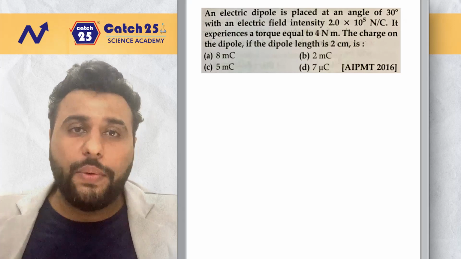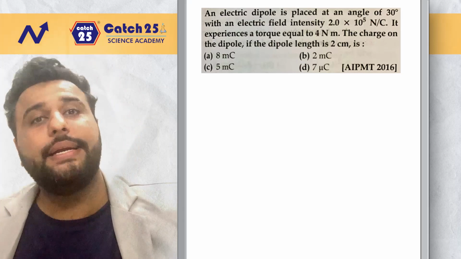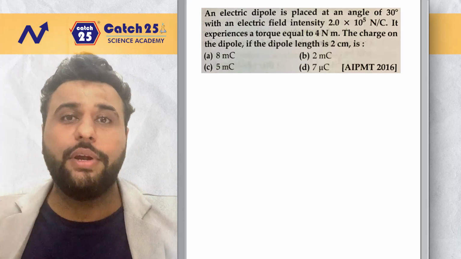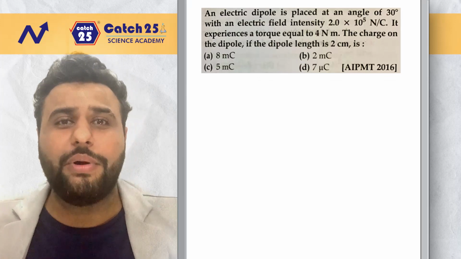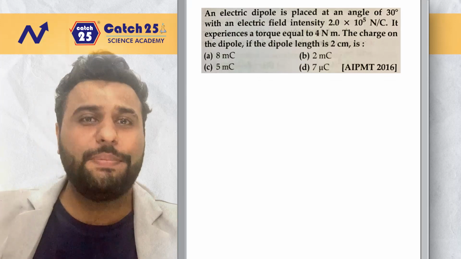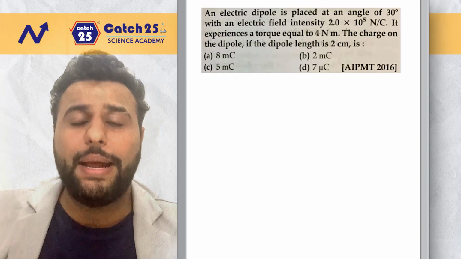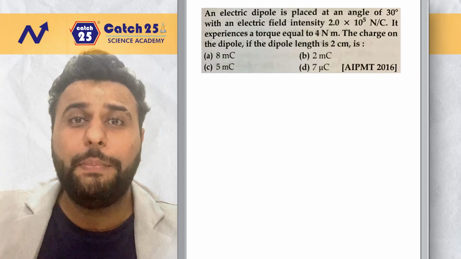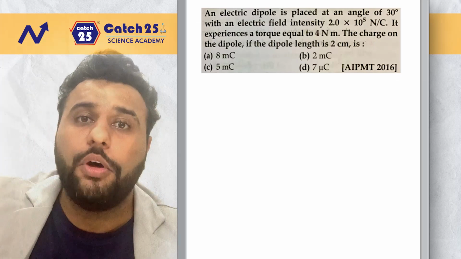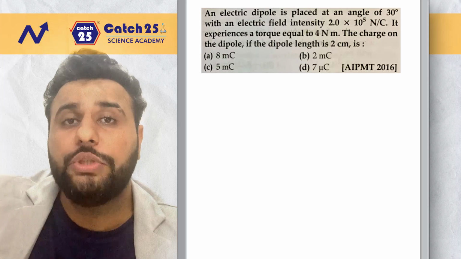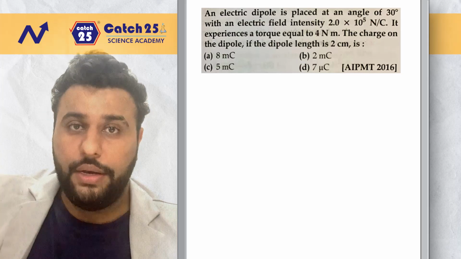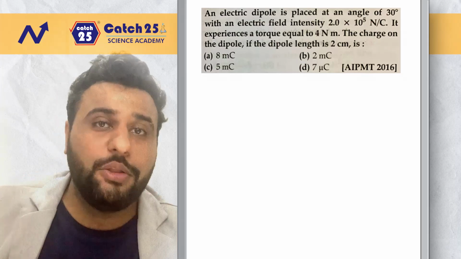Now, when I look at the question, it says that an electric dipole is placed at an angle of 30 degrees. That means they're talking about an electric dipole. It is placed at an angle. Therefore, I know dipole's first formula is dipole moment P. Think in your mind what will be the formula for P. P is equal to charge into the length of the dipole.